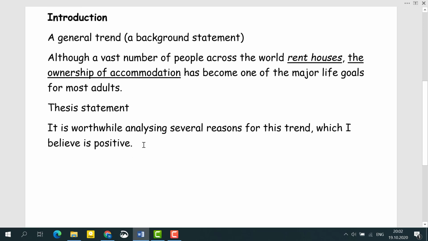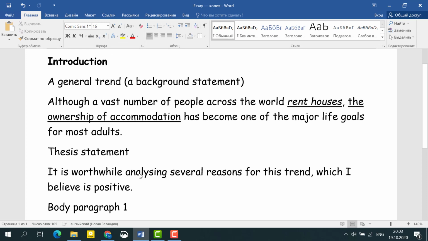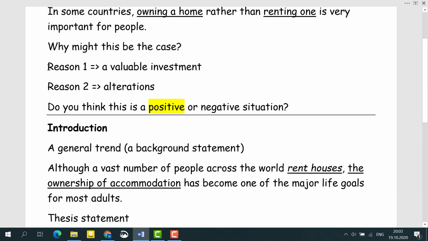Now the next part is body paragraph 1. Okay, so now what do I need to include in this body paragraph 1? First of all, I need to provide the first reason, okay? And the first reason is a valuable investment.